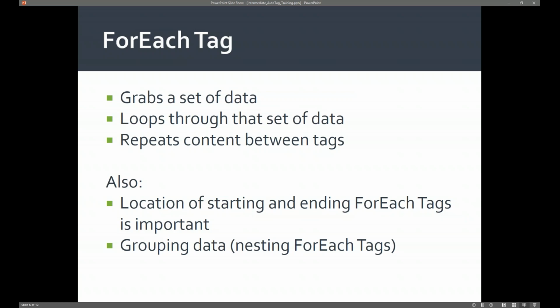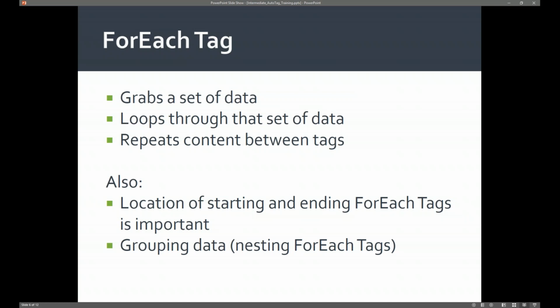And third, it repeats all the elements between the beginning and ending ForEach tags. For today, I'll show you the importance of where to place the beginning and ending ForEach tags and show you the results of placing these tags in different ways. We'll also get into grouping data or nesting ForEach tags, and I'll show you how to group your data with nested ForEach tags.